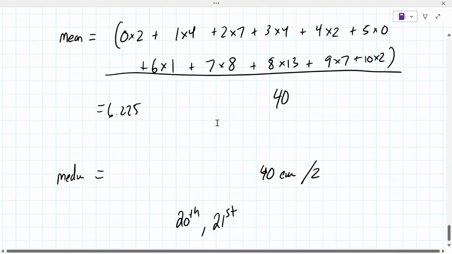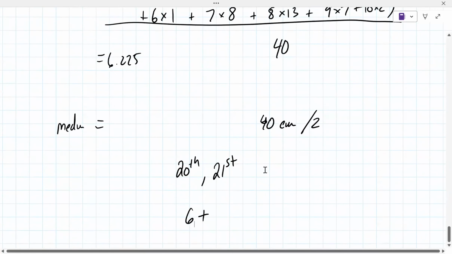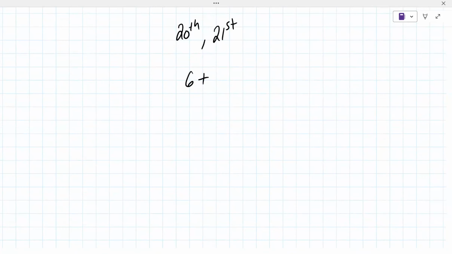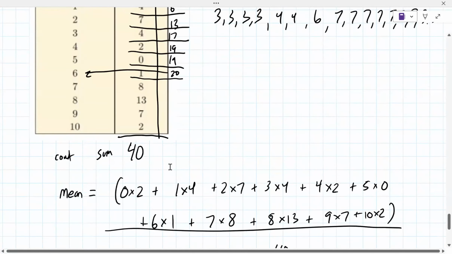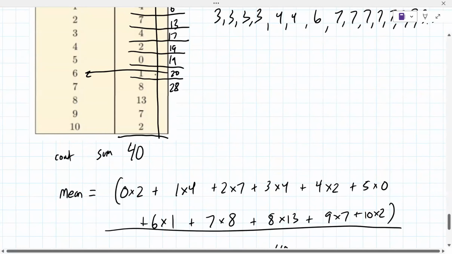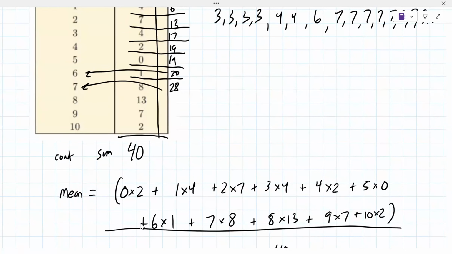There are 40 numbers, an even amount, so there are 2 in the middle. So the 7 is the 20th, the 8 is the 28th. You just need the 21st, so you have to know that it's also a 7.